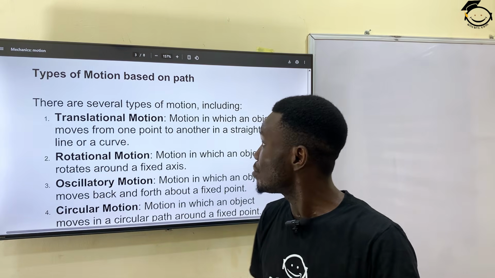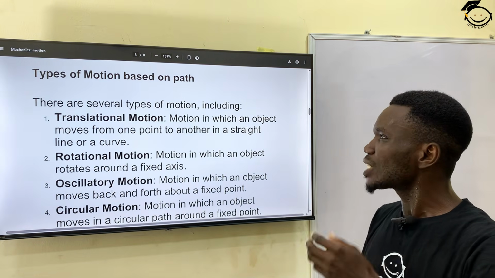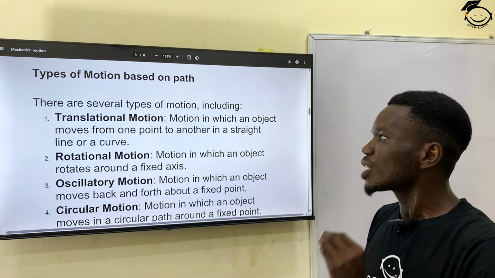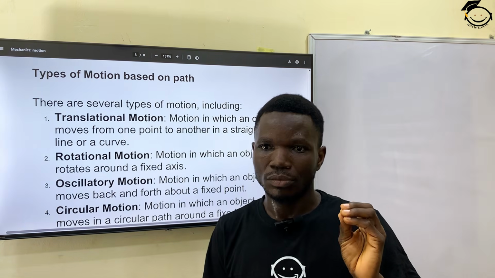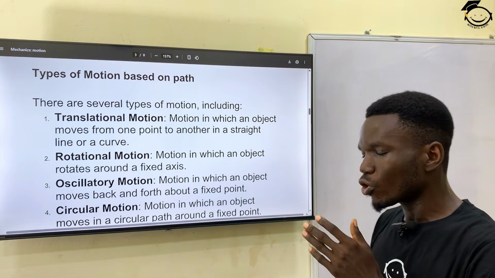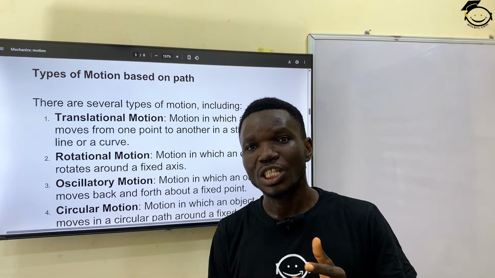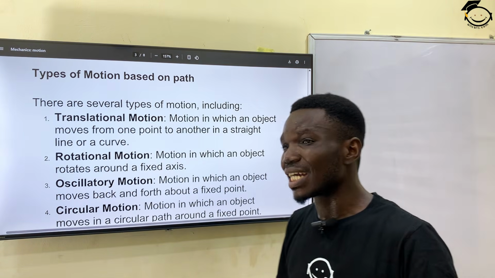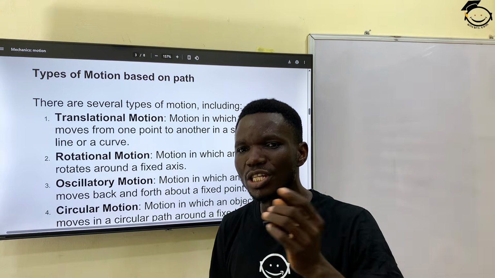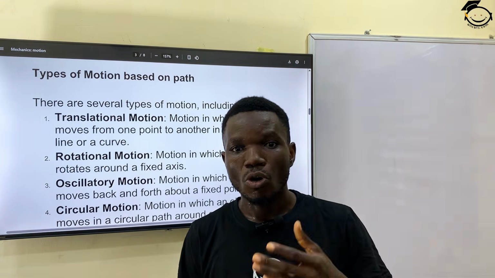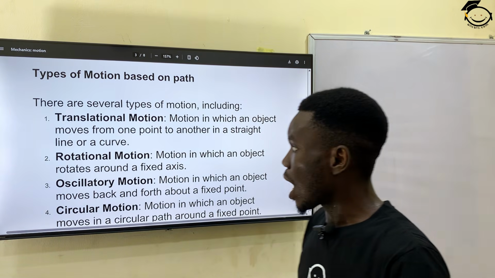Translational motion is simply motion in which an object moves from one point to another on a straight line. And then number two, we have rotational motion. This is a type of motion in which an object moves around a fixed point.